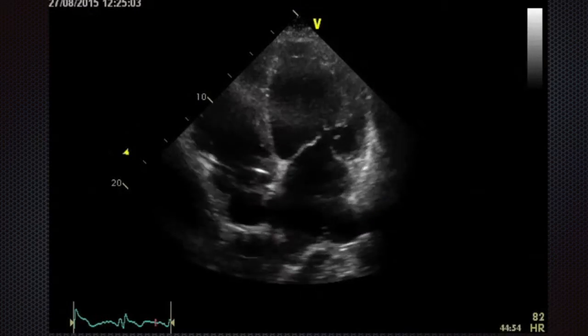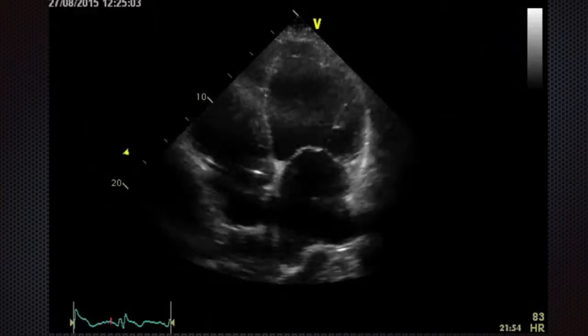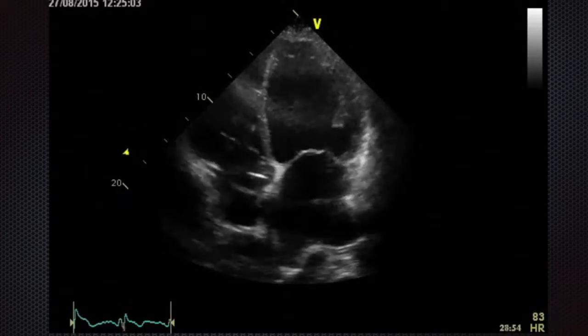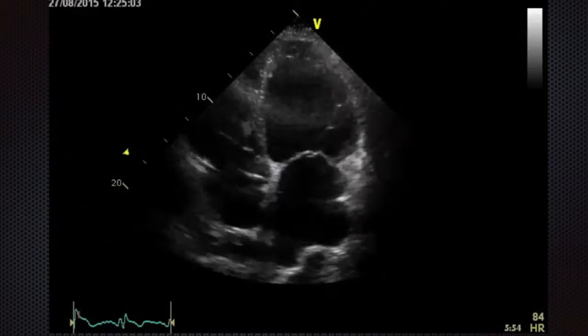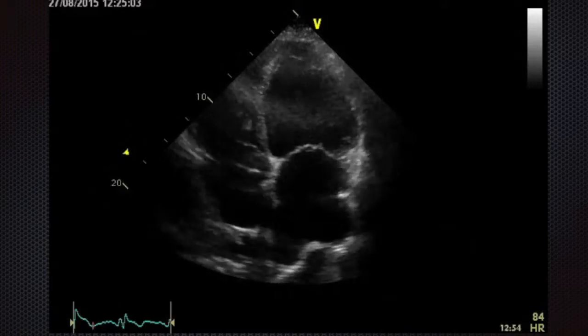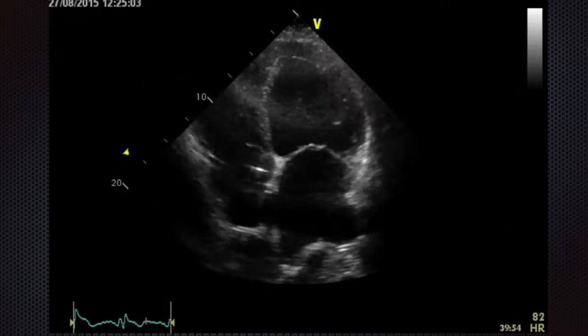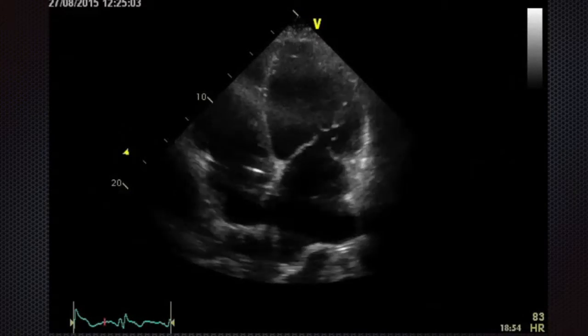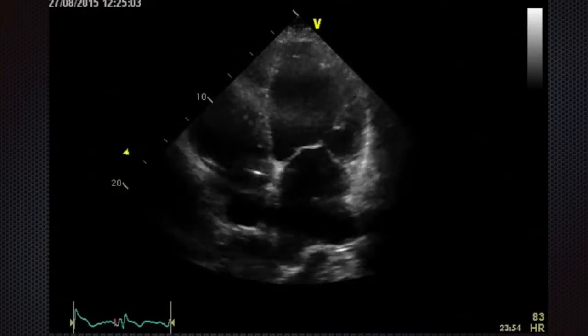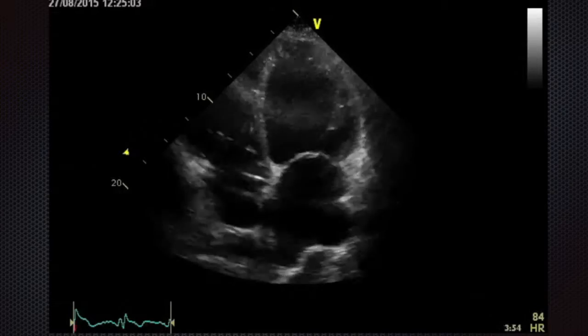So let's have a look at this apical 4-chamber view. And remember what we said about the thickening and the radial contraction, or narrowing of the internal diameter, during systole. If you look at this, there are certainly areas of the septum which are not actually thickening or contracting inwards, and also on the lateral wall.